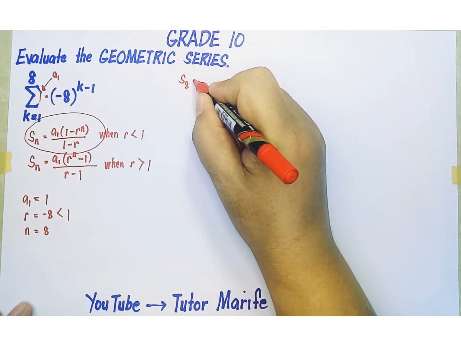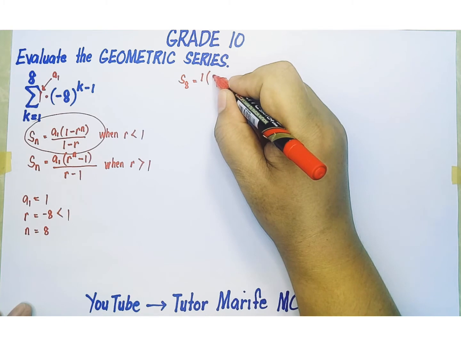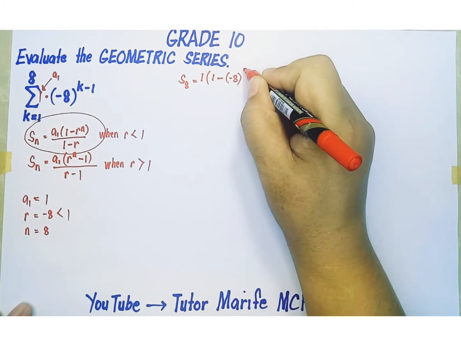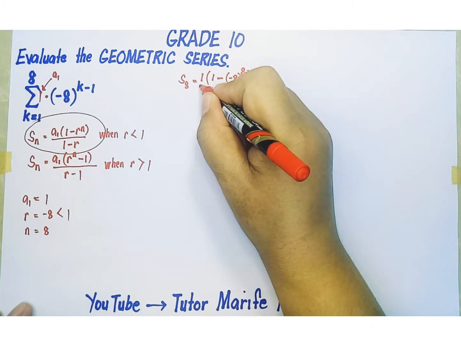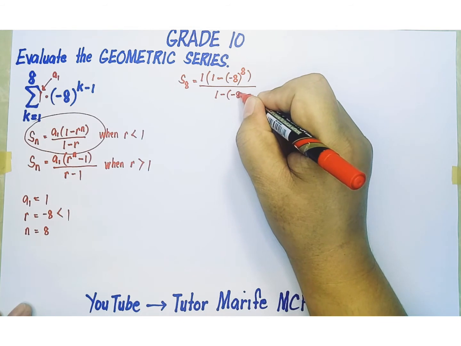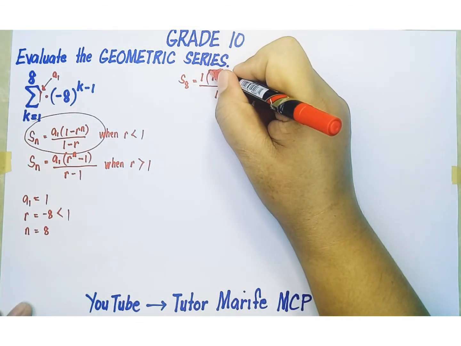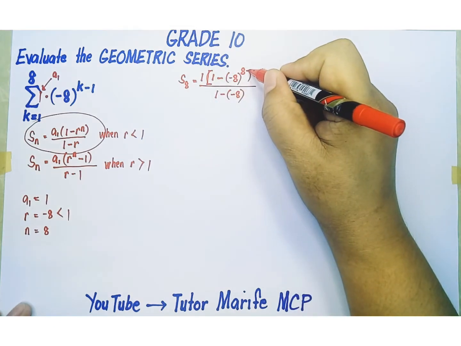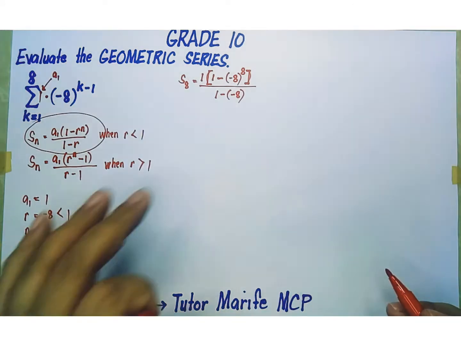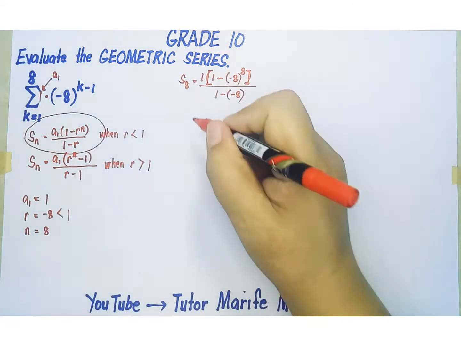Sum of 8 terms equals the first term times the quantity 1 minus negative 8 raised to 8 all over 1 minus negative 8. Okay, pwede mong palitan ito ng brackets para hindi ka ma-confuse kung parehong parenthesis yung nagamit na grouping symbol. Okay.